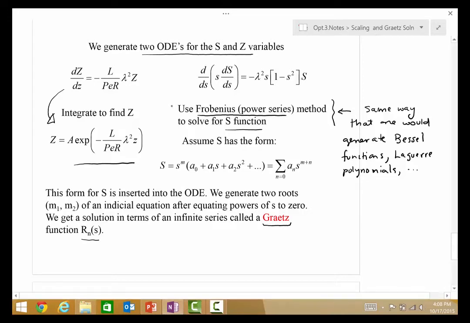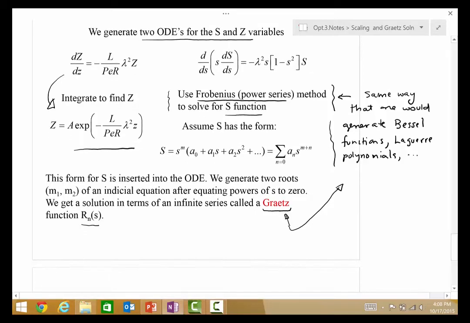This Frobenius method is a very general way of finding out what the solutions are. Some very well-known functions: if you Google Bessel, Laguerre, or Legendre, you would find lots of details on it. In the heat transfer context and in convection in pipe flow, the Graetz function is similar in principle in terms of how we generate it to these other types of solutions.